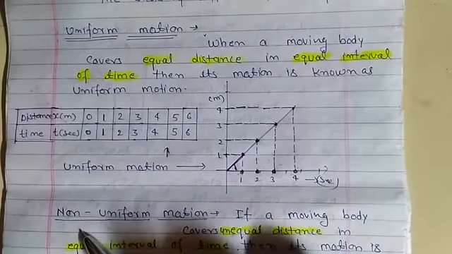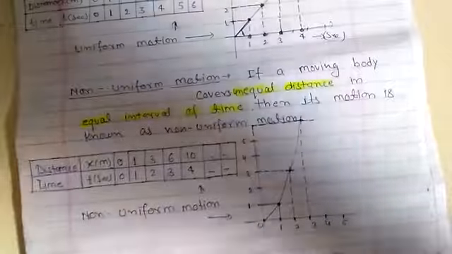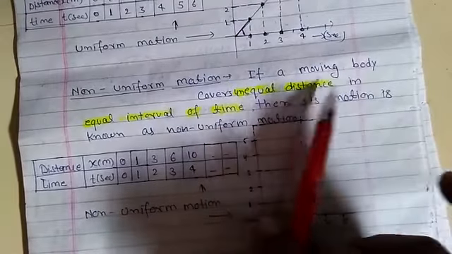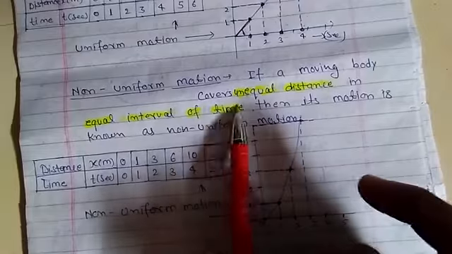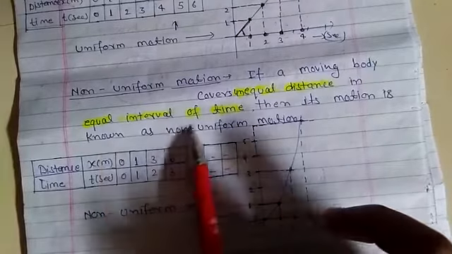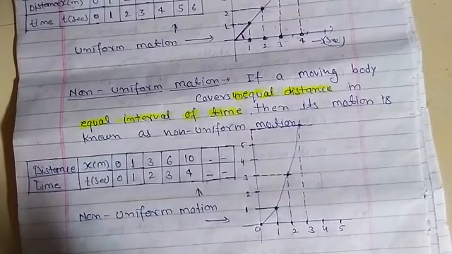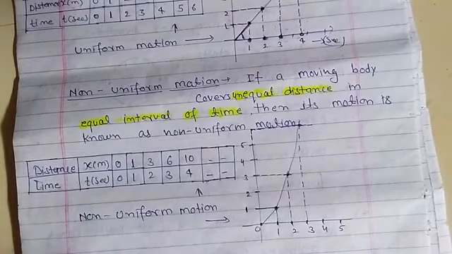And the next term is non-uniform motion. If a moving body covers unequal distance in equal intervals of time, then its motion is known as non-uniform motion. It means there are two cases: the interval of time may be the same but the distance will be different, or the distance may be the same but the interval of time will be different.